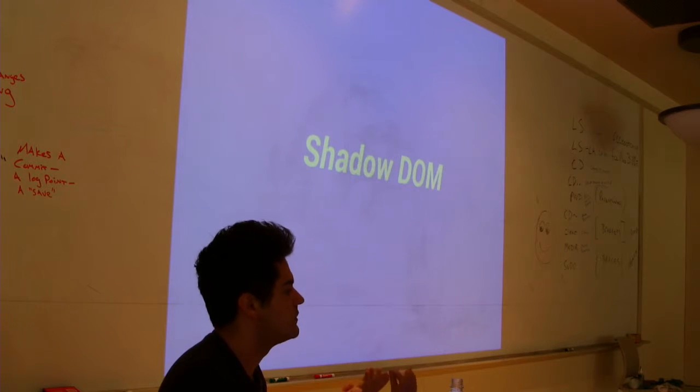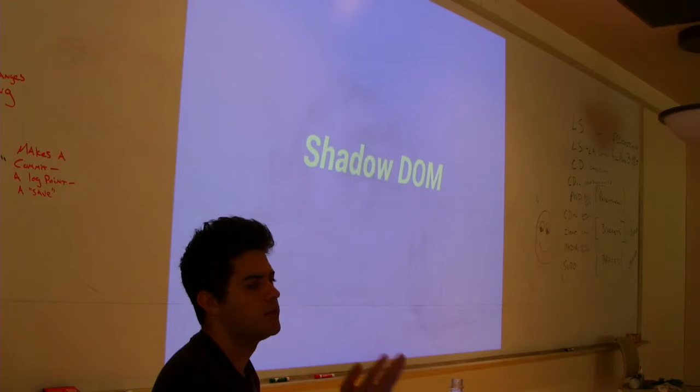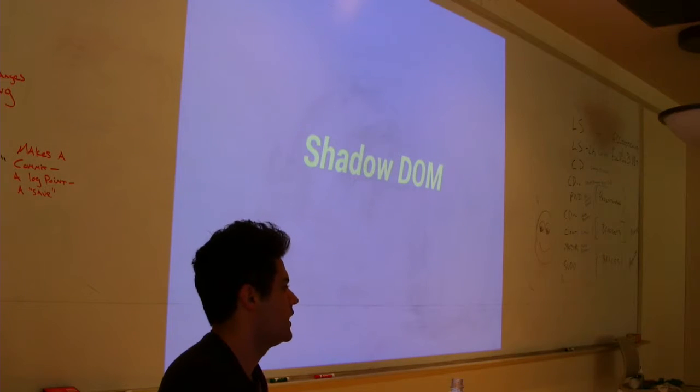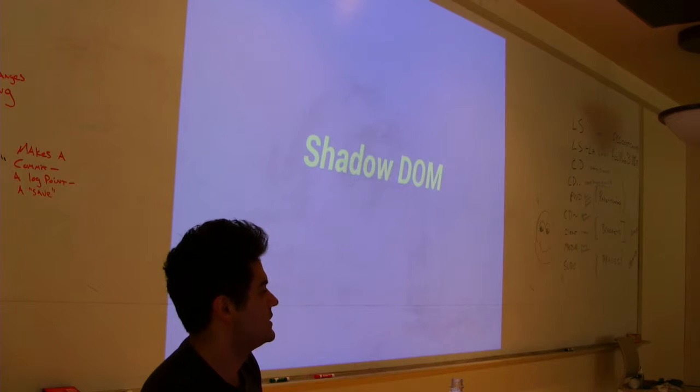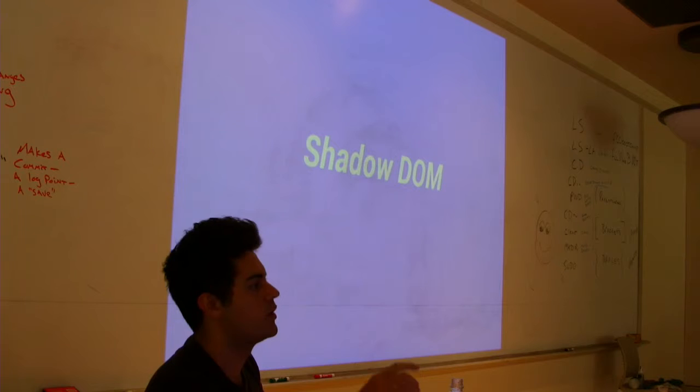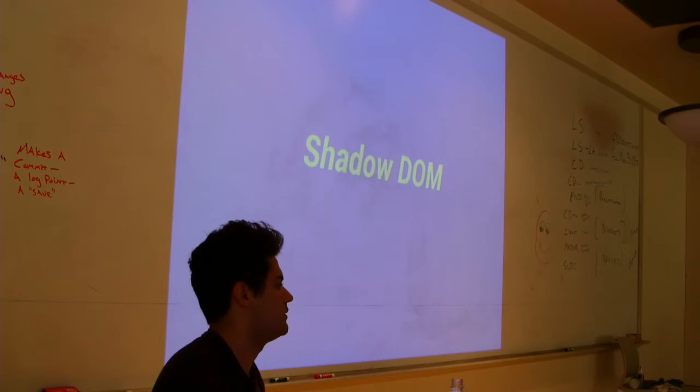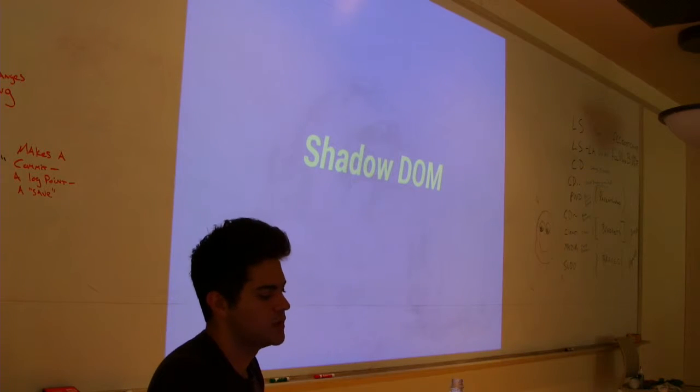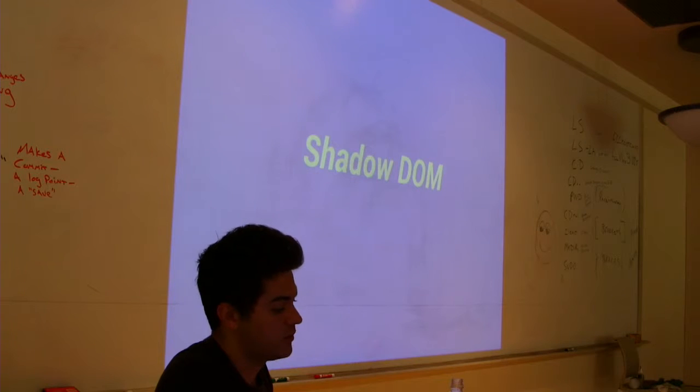And if I just put some global definitions for links, and I want my links to be red inside of my element, if I don't encapsulate that properly, I'm going to have all my links on my page red, and I don't want this. So this is why shadow DOM is important.